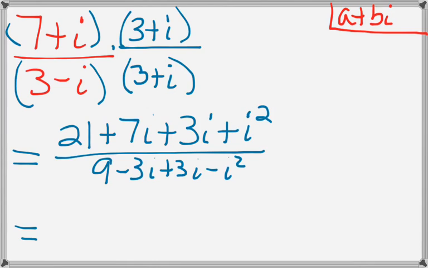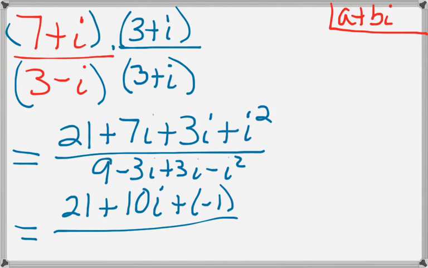And on the bottom we distribute the 3 and distribute the -i. And now we just need to write the numerator and denominator in standard form, which is going to involve combining our i terms and rewriting i squared as -1.